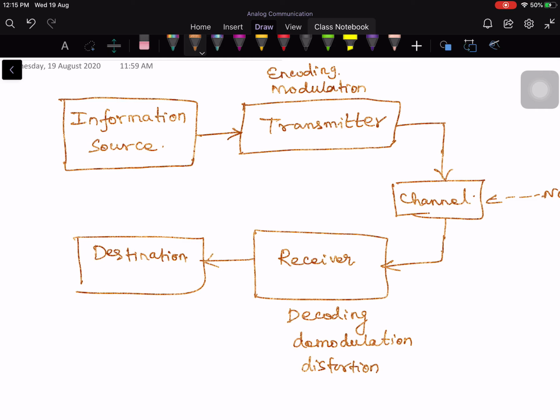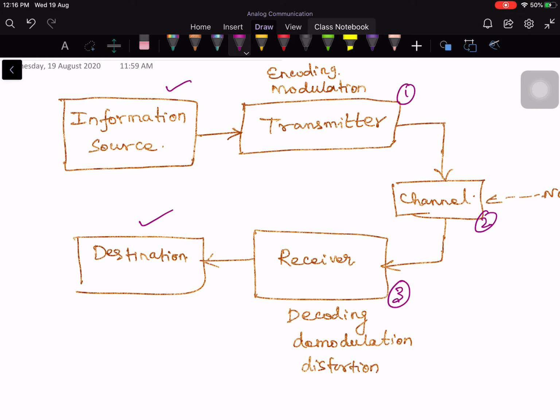However, from a practical design point of view, we are interested in only these 3 blocks. We don't much talk about the information source and the destination. The transmitter, channel and receiver are very important for us as communication engineers, because we have little control over the other 2 blocks. We don't mind who is talking and who is going to hear.